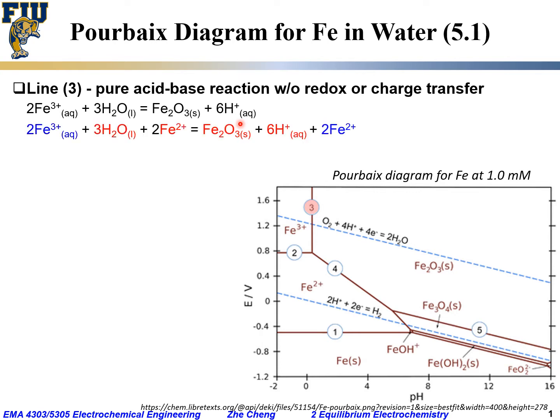Okay, and to understand it a little bit more from an electrochemistry point of view, to help us determine the exact location in terms of pH for this line, let's rewrite this reaction a little bit.